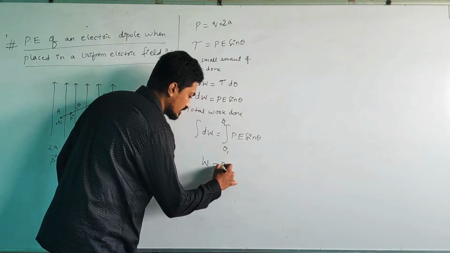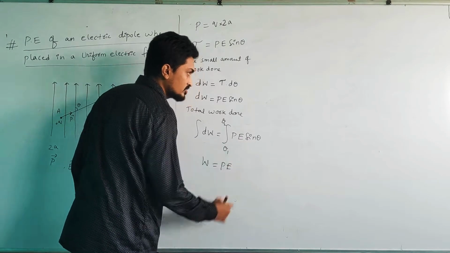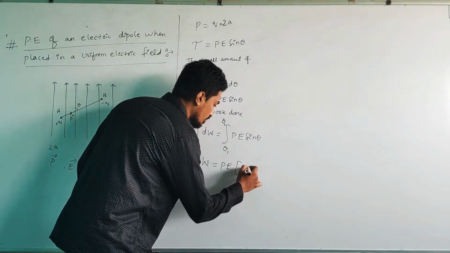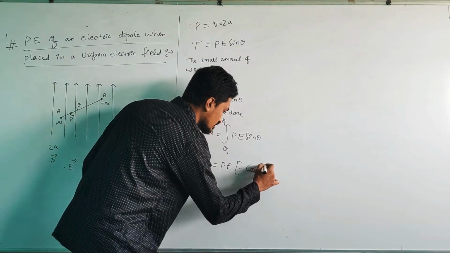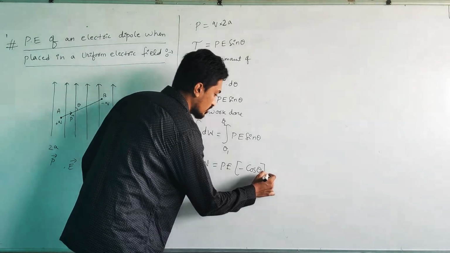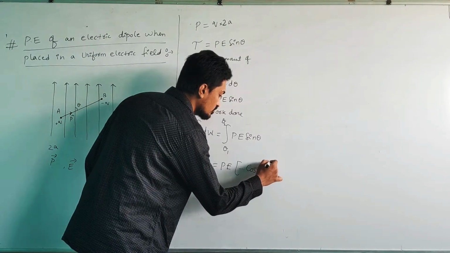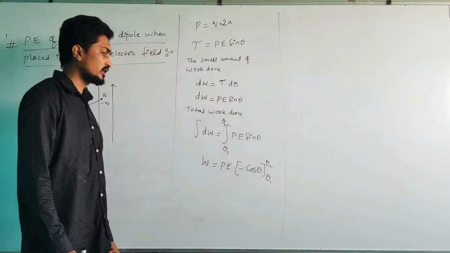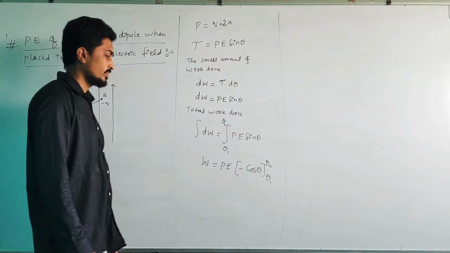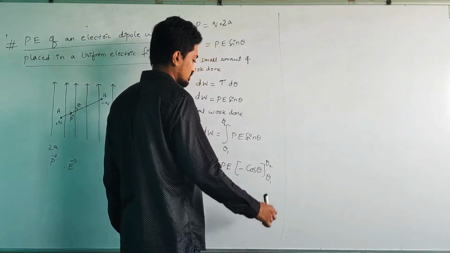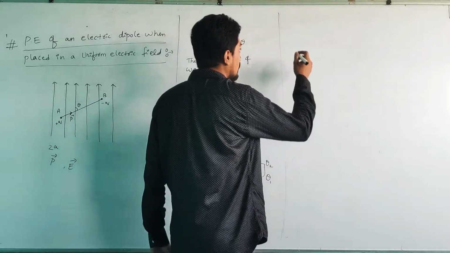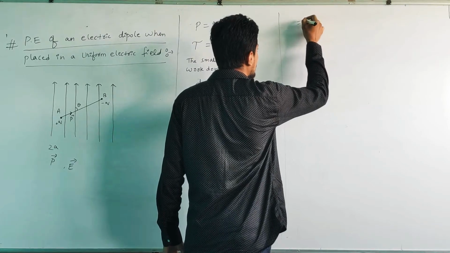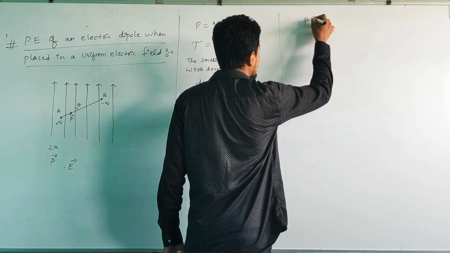P E is constant, so take it outside. The integration of sin theta is minus cos theta, from theta 1 to theta 2.